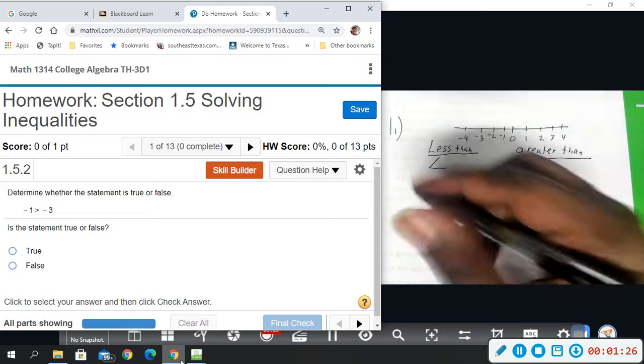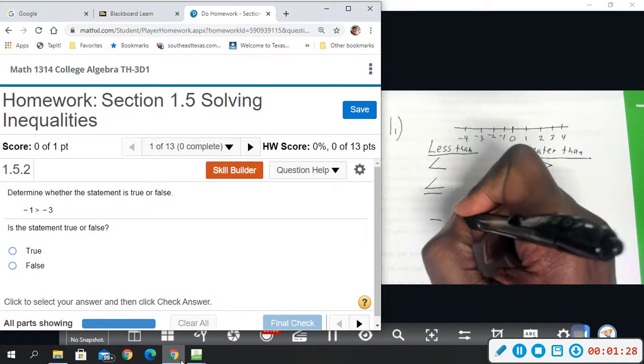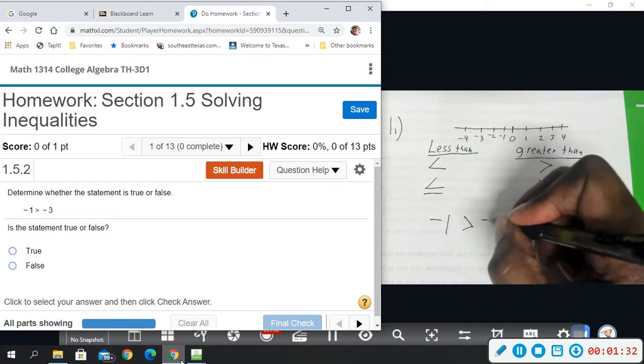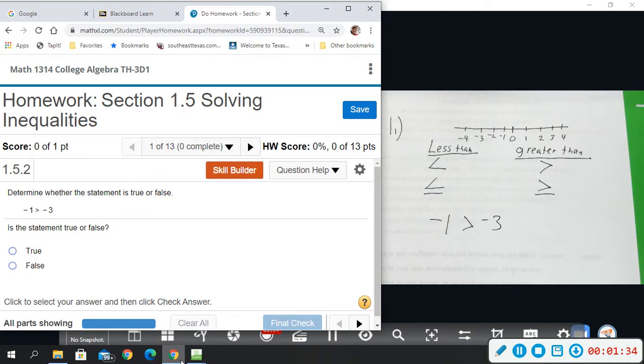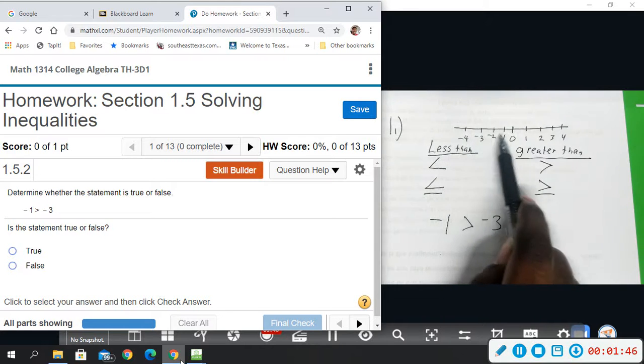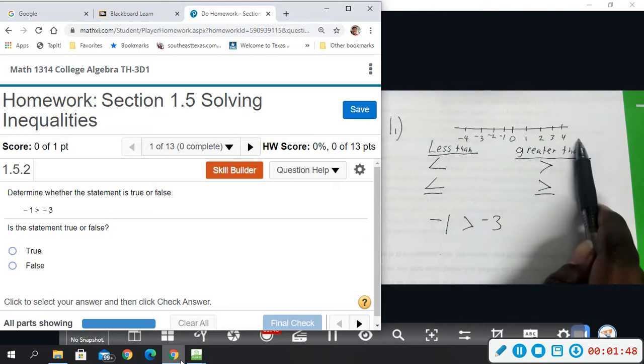All right, we have this -1 is greater than -3. Now at first glance, you might want to say that that's false because you look at the number 1 and you think that that is bigger. 1 is not bigger than 3. However, when we look at the number line, as we go towards 0, the numbers are getting bigger as we go to the right.